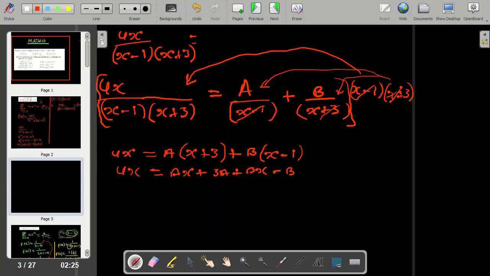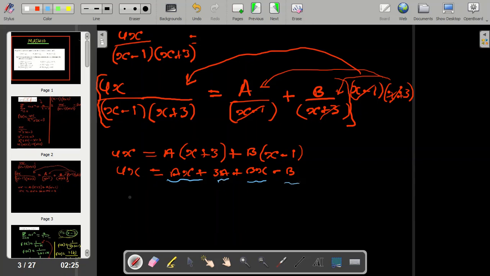We can see that the terms that contain the x variable are the ax term and the bx term, and then the constants are 3a and negative b.